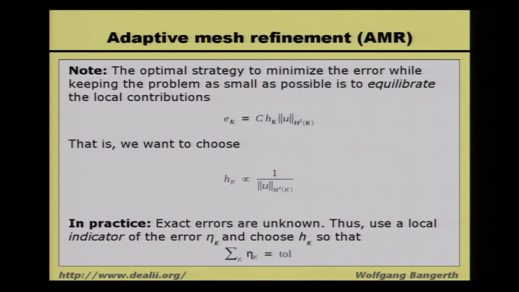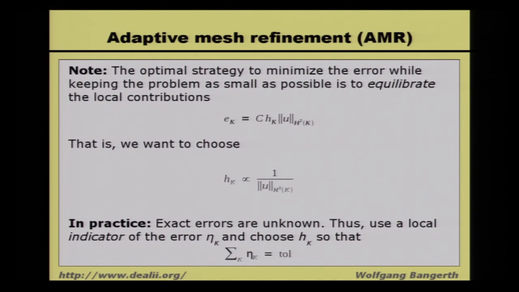So we want to choose h, the diameter of each of the cells, so that the contribution of every cell K, the thing that was under the sum, is roughly equal among all of the cells. That means we have to choose h in such a way that it is something like 1 over the H2 norm of the error.